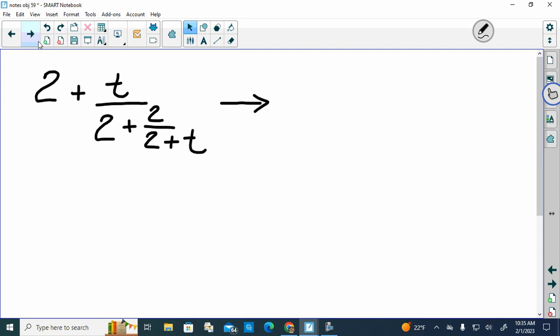If you want to change the t's to x's, you can, because some people get confused with that. Okay, so you can write it as x over 2 plus 2 over 2 plus x, because the t's are the same. This is just what was on the worksheet. Okay, and we'll put this as problem number 2.